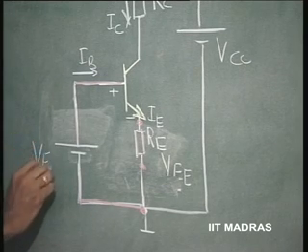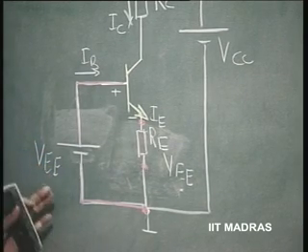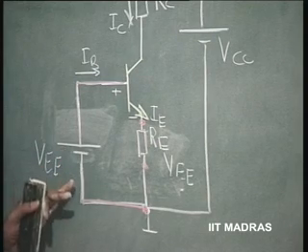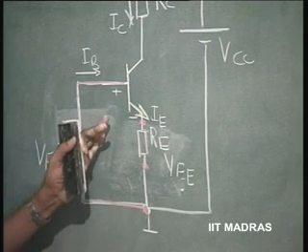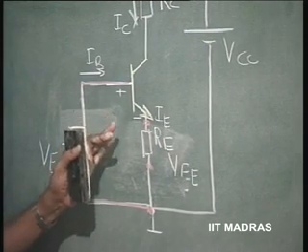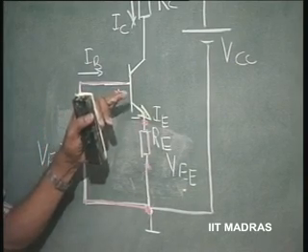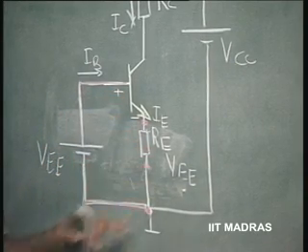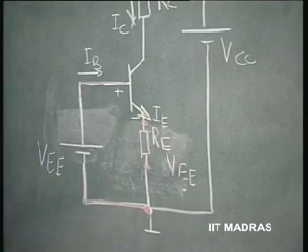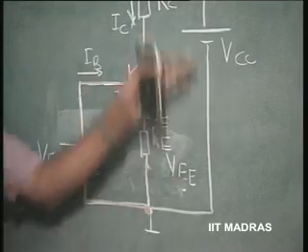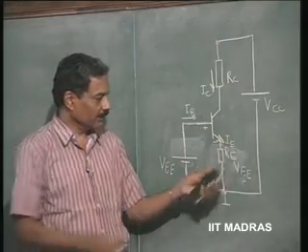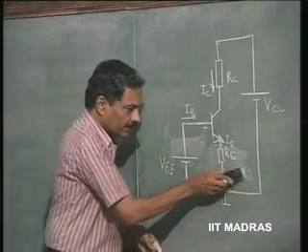In fact, it will be the same VEE. So, the equation at the input is going to be the same as previously written, VEE minus VBEQ divided by RE is still the current IE. The only thing is, the VEE which was earlier present is absent, that is all.